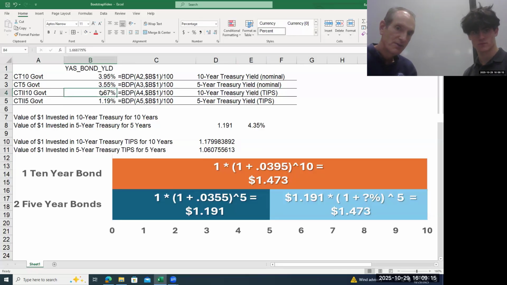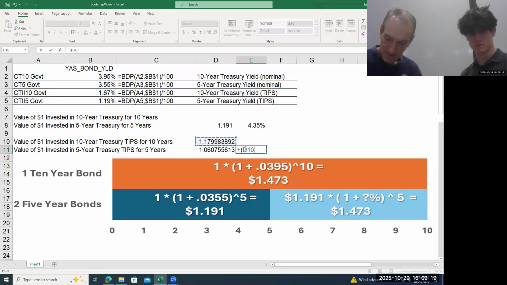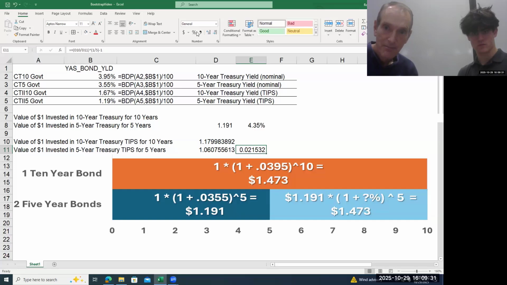Obviously, it has to be much higher than 1.67. Yeah. So if we take the 10 divided by the 5, and again raise it to the 1 divided by 5, minus 1, it should be like 2.30 or 2.20 something. So there's your forward rate.